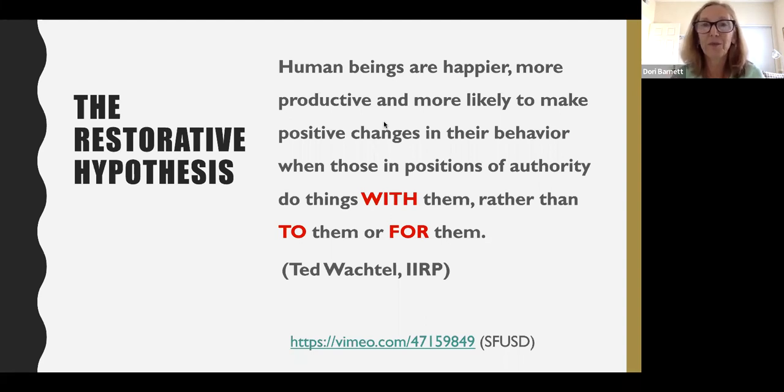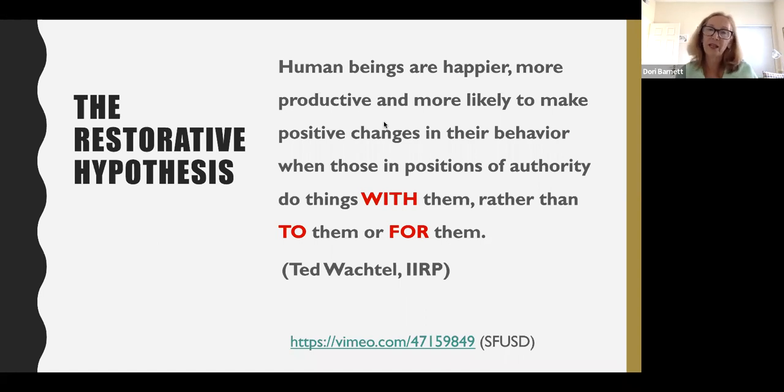So if we substitute human beings with students, and we substitute people in authority with teachers or educators, then we can say students are happier, more productive, and more likely to make positive changes in their behavior when teachers and educators do things with them rather than to or for them.